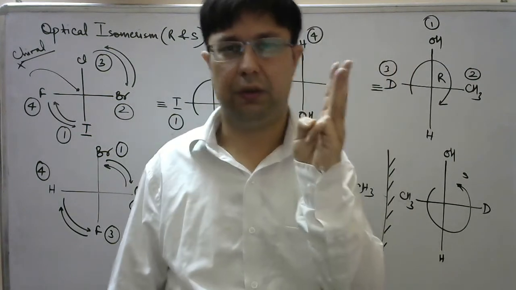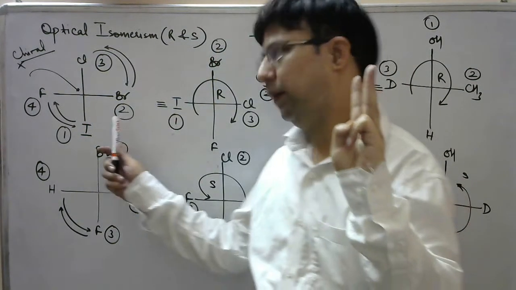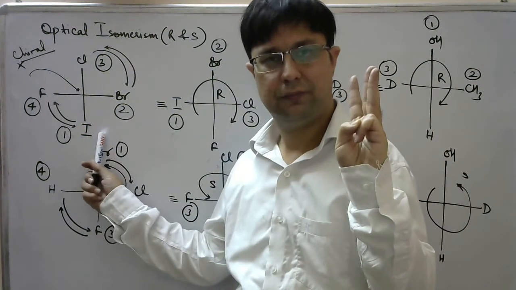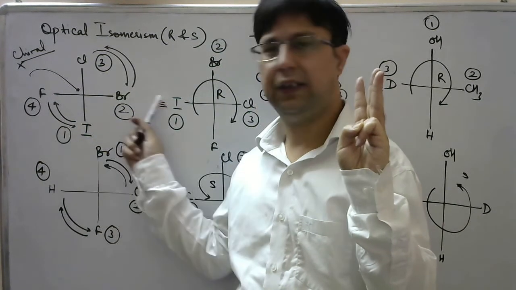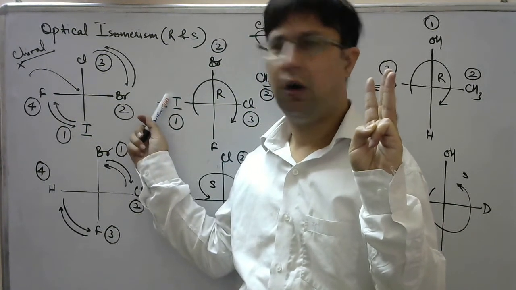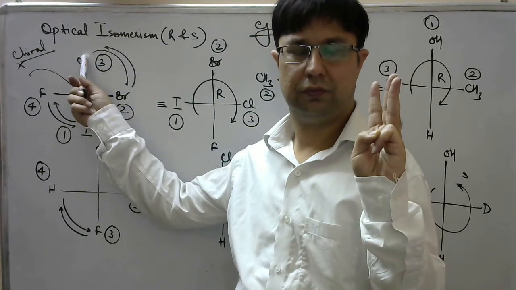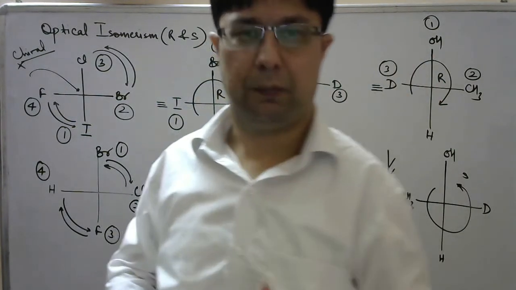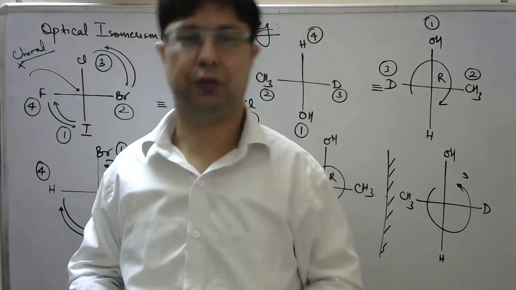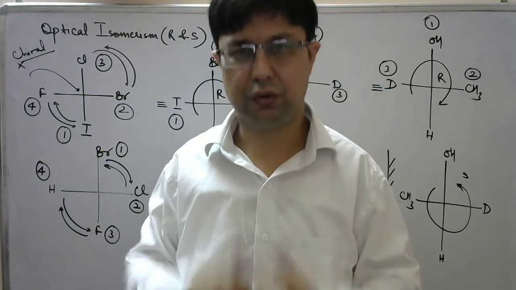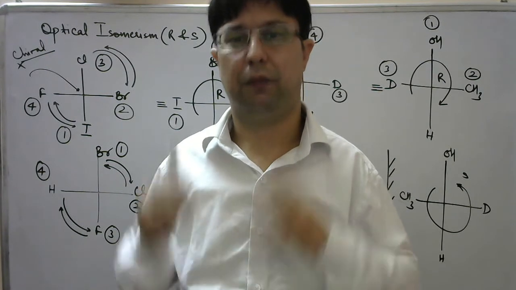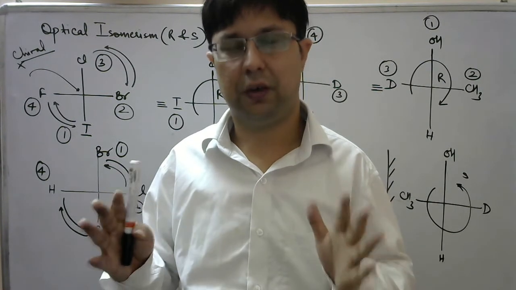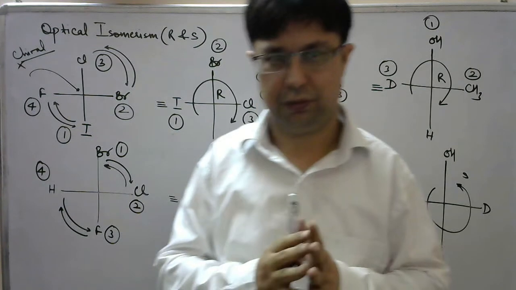There are three possibilities where it can be present. It can be present at the bottommost position, on the left or right side of the Fischer projection, or at the topmost position. The third step is to bring the lowest priority group to the bottommost position of the Fischer projection. When we do so, we keep in mind that we can perform an even number of interchanges; an odd number of interchanges is not allowed.